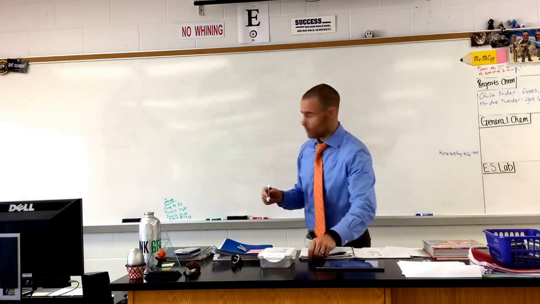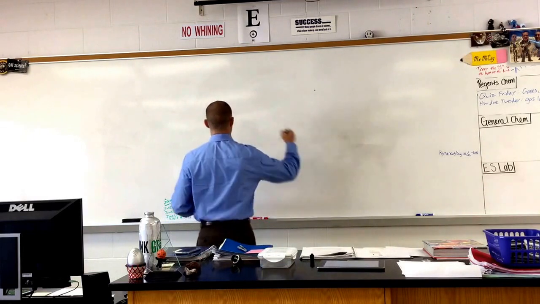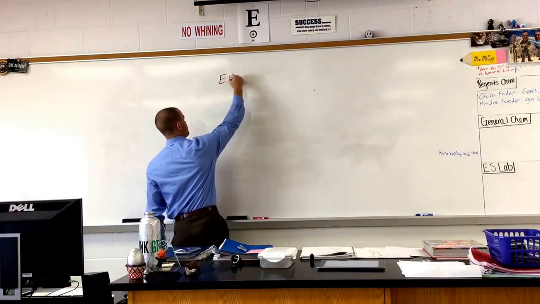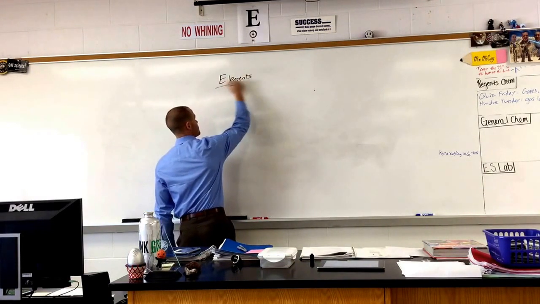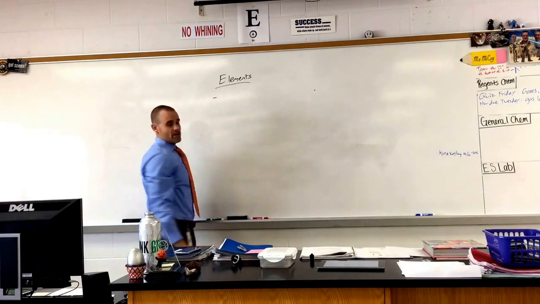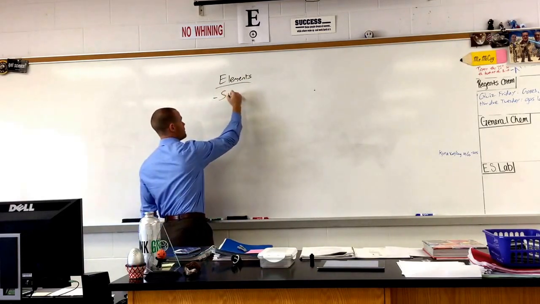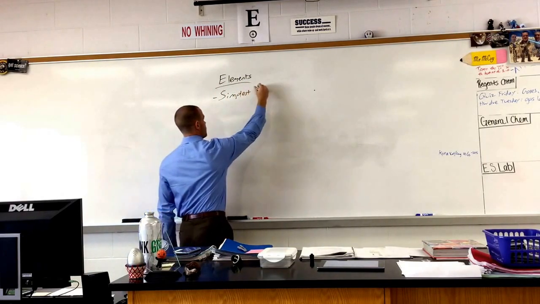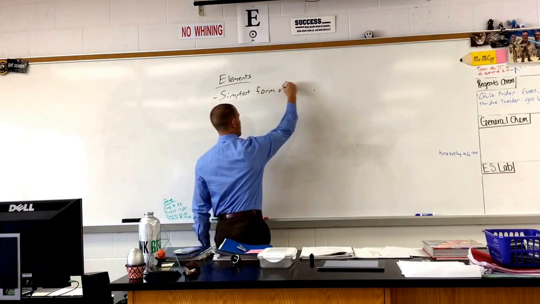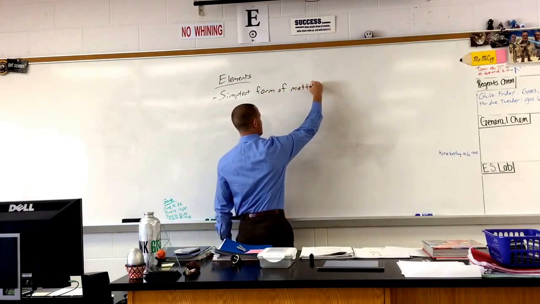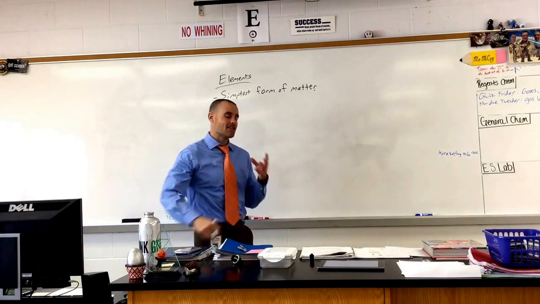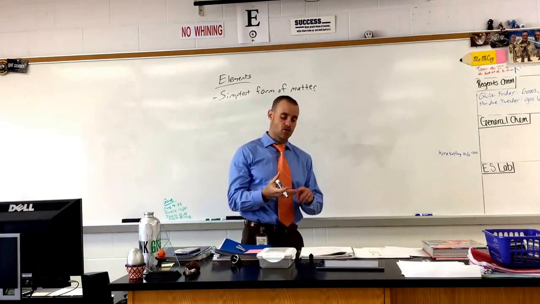So let's do it. All right, so elements and compounds. We'll start with elements. Elements are the simplest form of matter. Yes, elements can technically be broken down into protons, neutrons, and electrons.